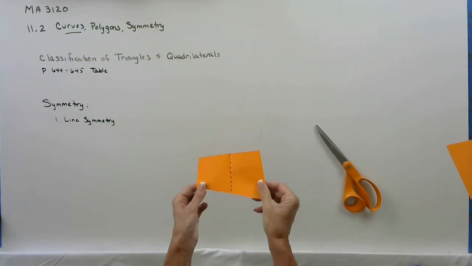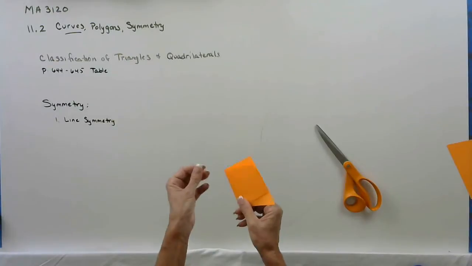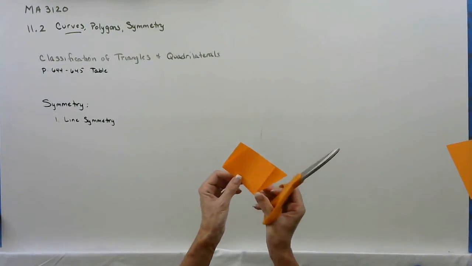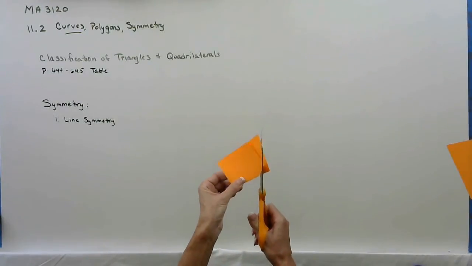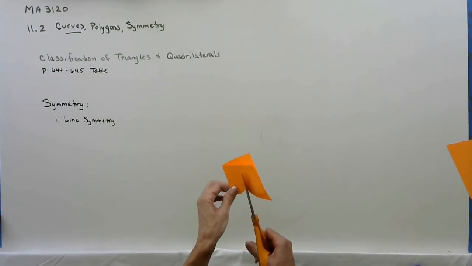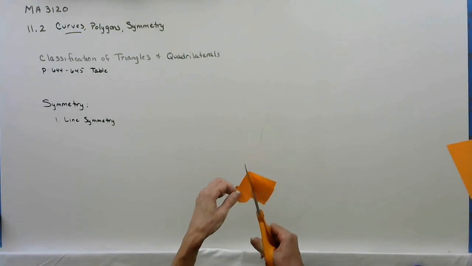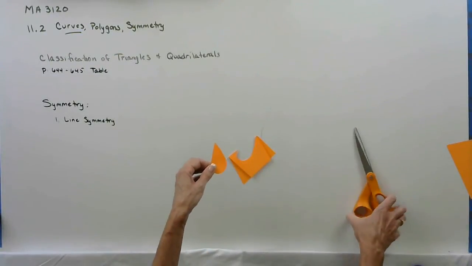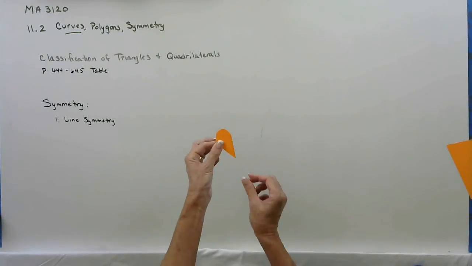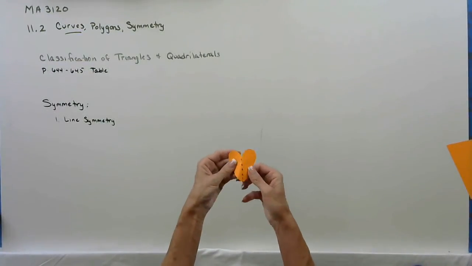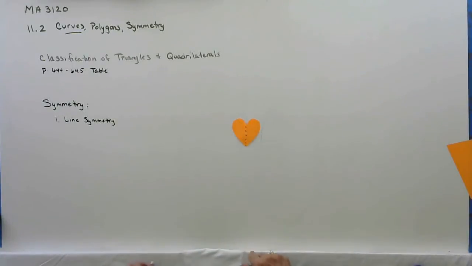And if I take that piece of paper and fold it, now I'm going to cut out a heart. I'm going to come around. I don't actually have to cut the entire heart out because since I have half of it, as soon as I open it up, I have a shape that is symmetric about this vertical line, or this diagonal line, or this horizontal line.